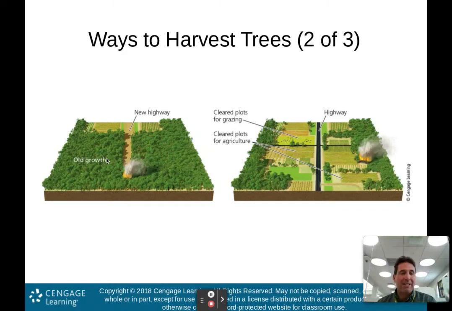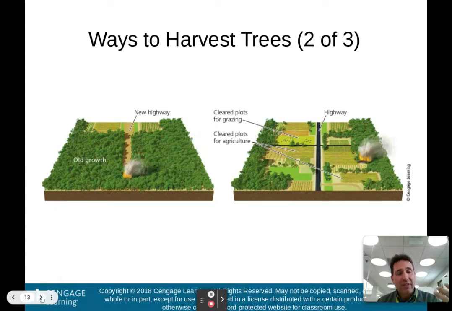So now we're messing up their migration habits, where they're living. And then eventually you clear plots for agriculture, you clear plots for grazing, and now this old growth forest, as you can see here, has become fragmented and destroyed, and that basically degrades the forest ecosystem of the natural capital that the forest provides us.